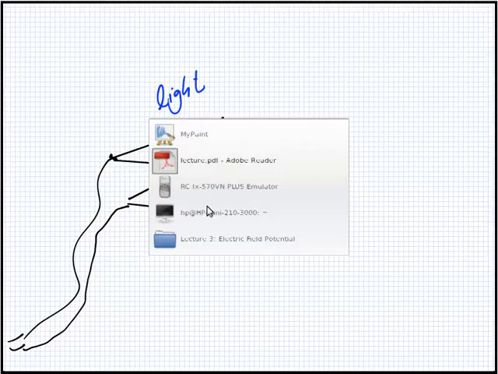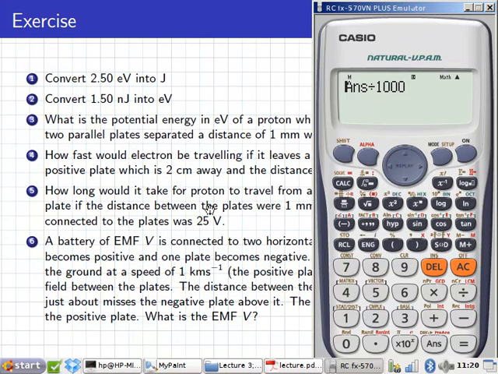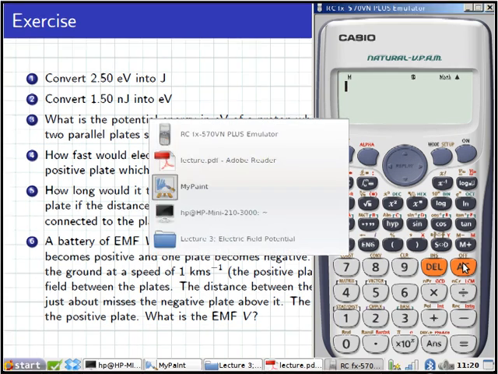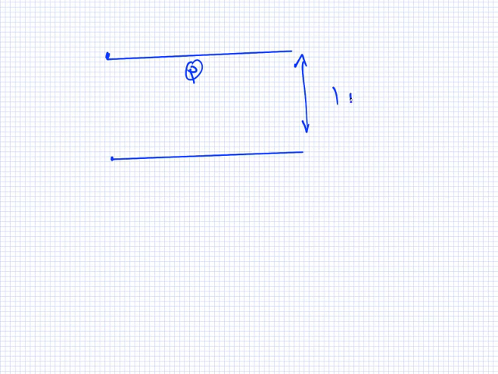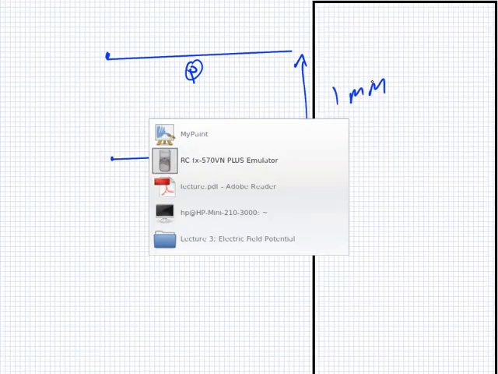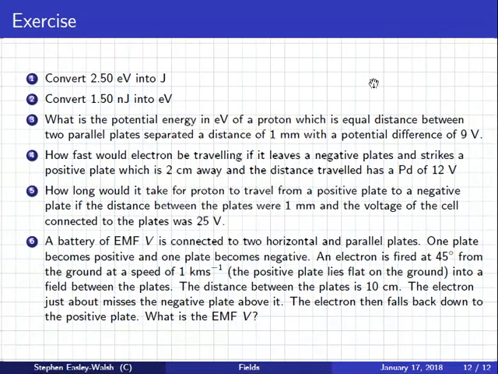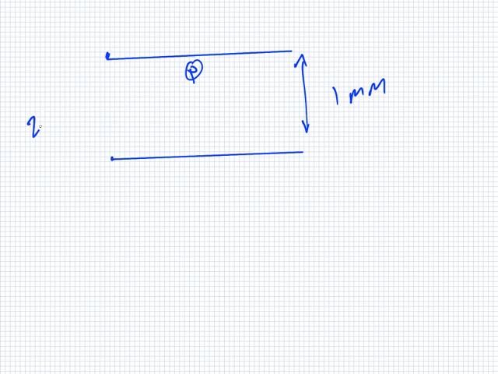If the voltage is 25, can I go back and just change it? Is it still an electron? No, it's a proton. I'll have to do it from the beginning. Proton. 1 millimeter. 25 volts.